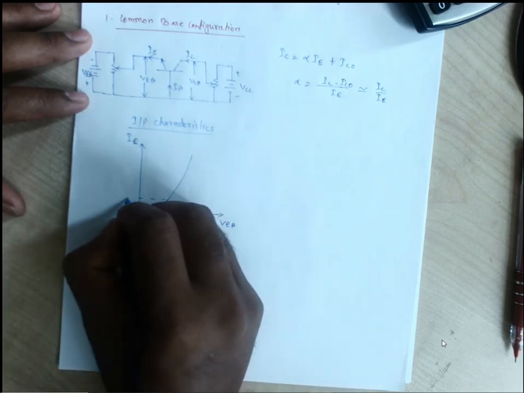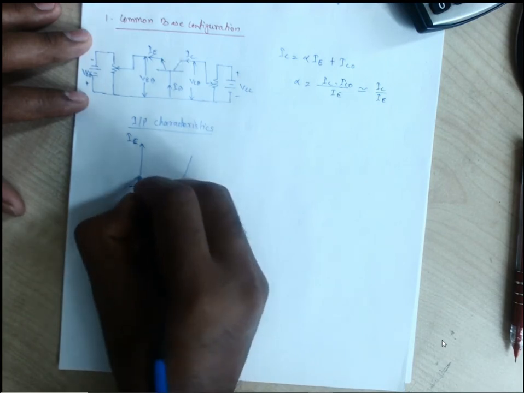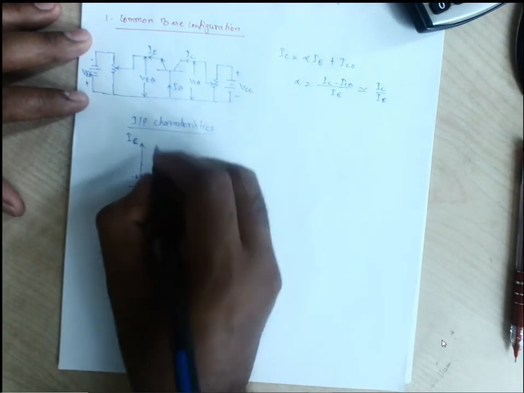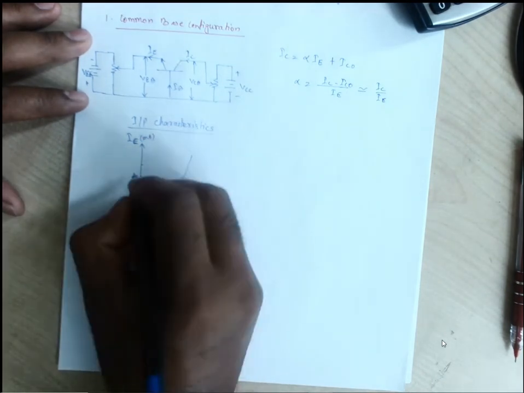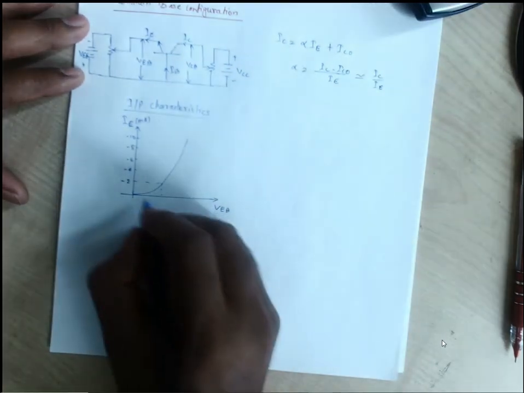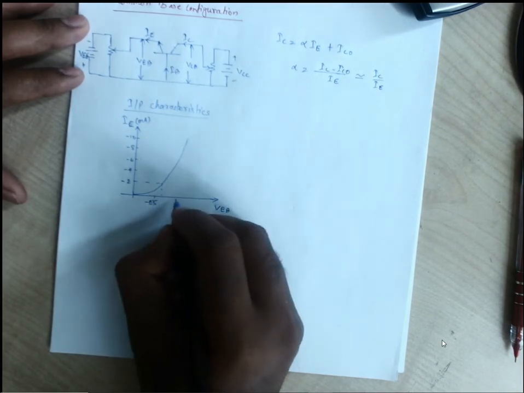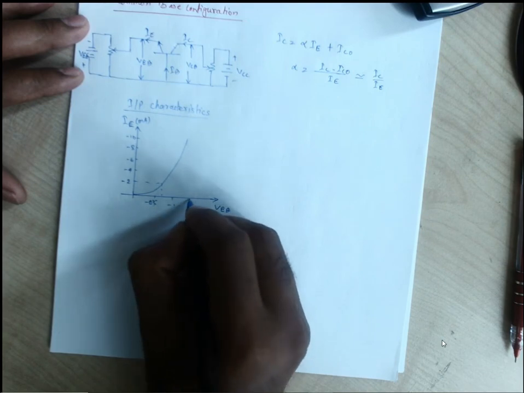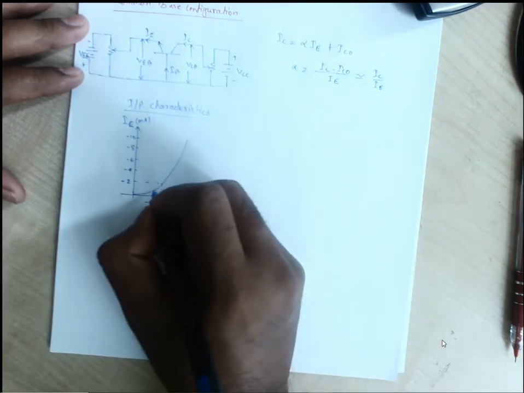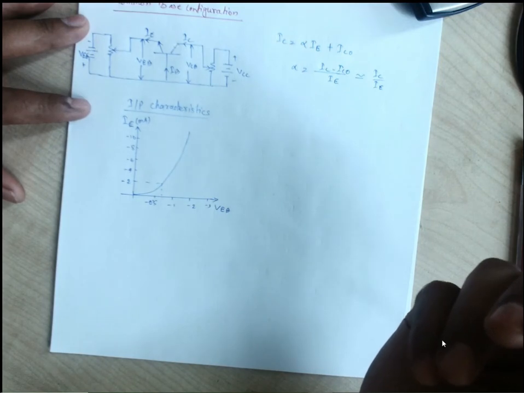So let us consider it is -2, -4, -6, like this. It is in the milliampere range, -8, +10, something like that. Let us consider it is 0.5, -0.5, this -1, -2, -3, like this. So this sharp increase in the current, it is for a particular value of the VCB.